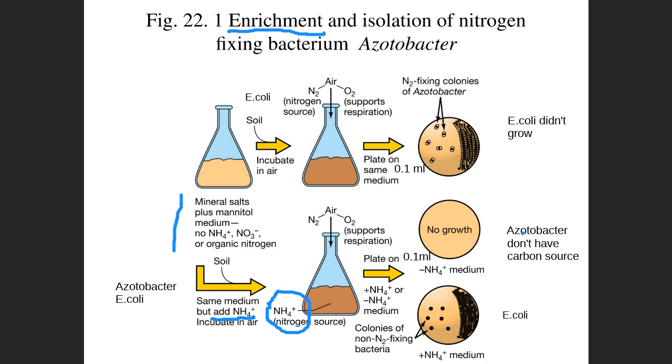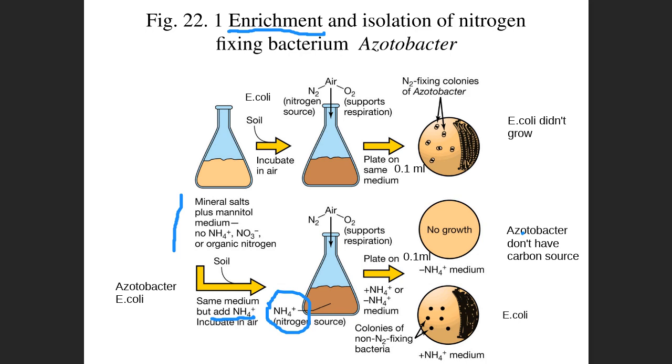Okay, so let me rephrase this particular challenge here. The enrichment concept: enrichment is you create a condition that favors one bacteria to grow. So if you want to isolate a nitrogen fixing bacteria, you will create a condition that only the nitrogen fixing bacteria will be able to grow, the other bacteria will not.